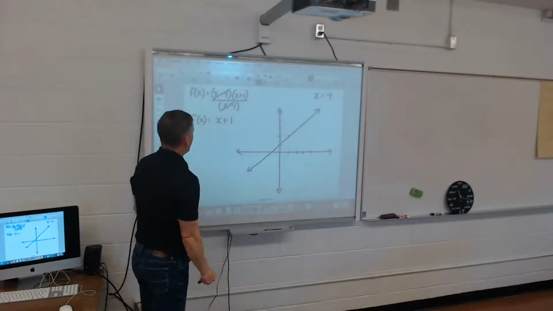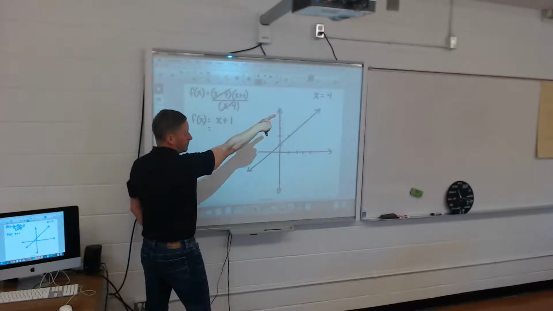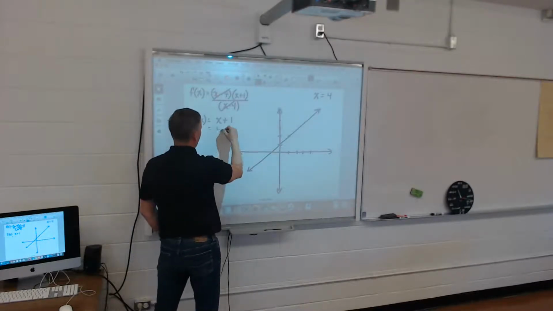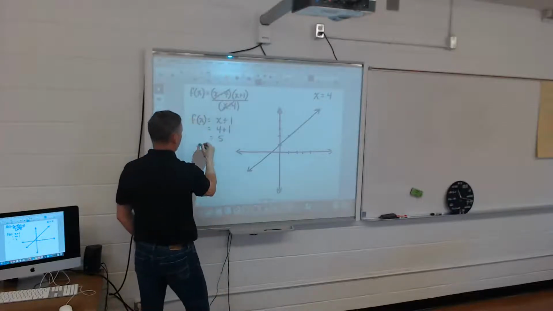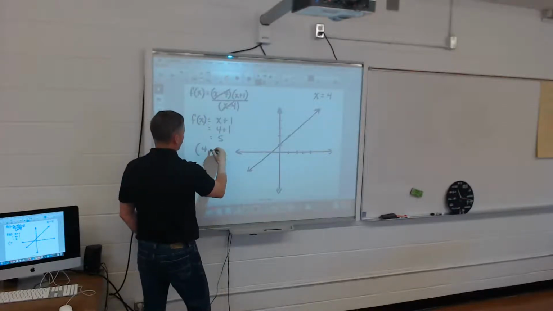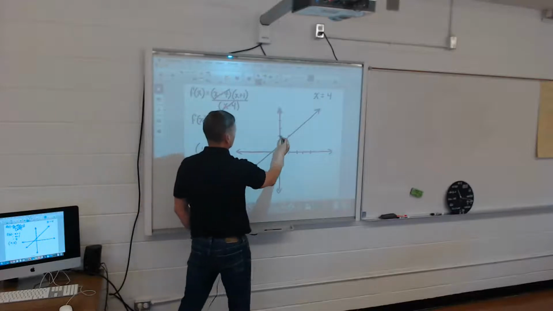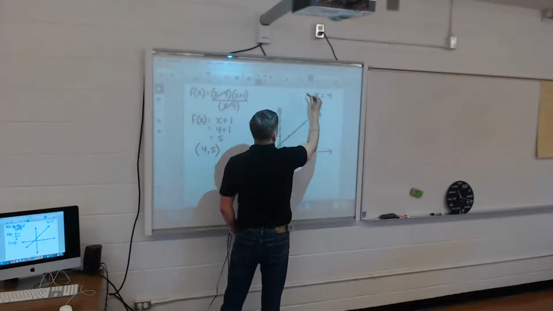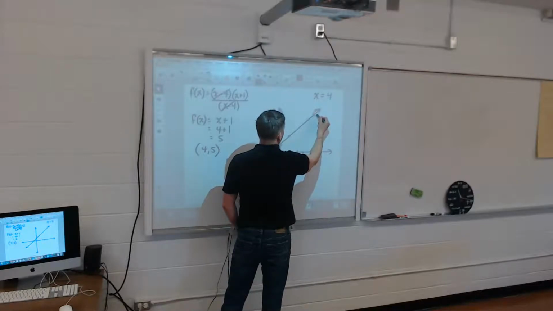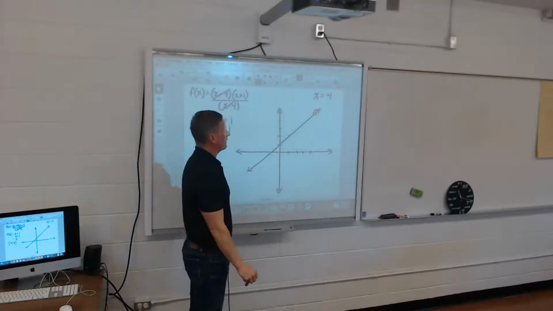Okay, and now I got to put my x value in to find out what my y value is at my point of discontinuity. So it's 5. So at (4, 5), 1, 2, 3, 4, and 5 is up here. I put an open dot right there.